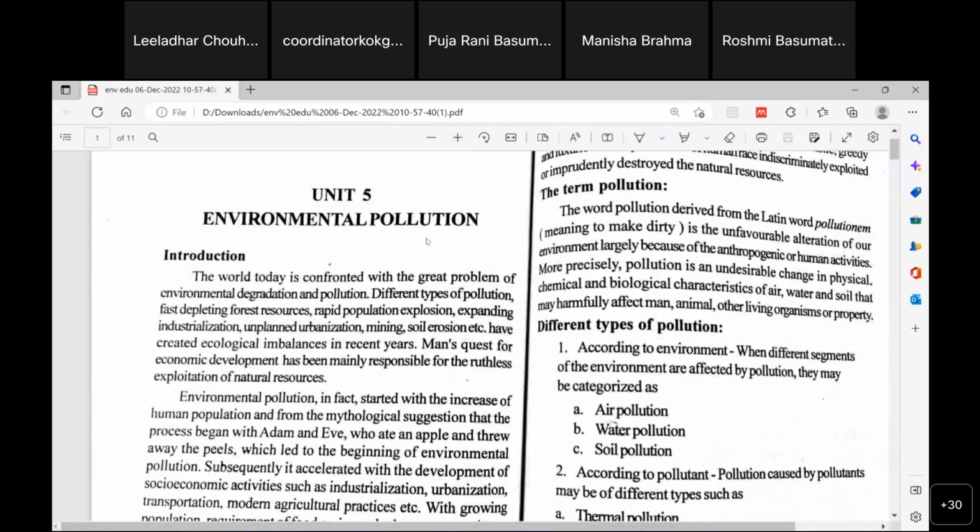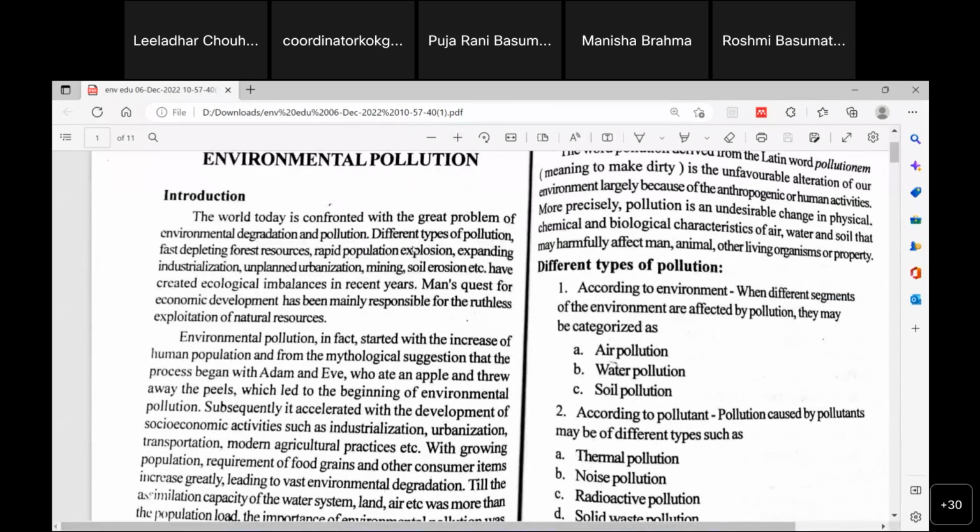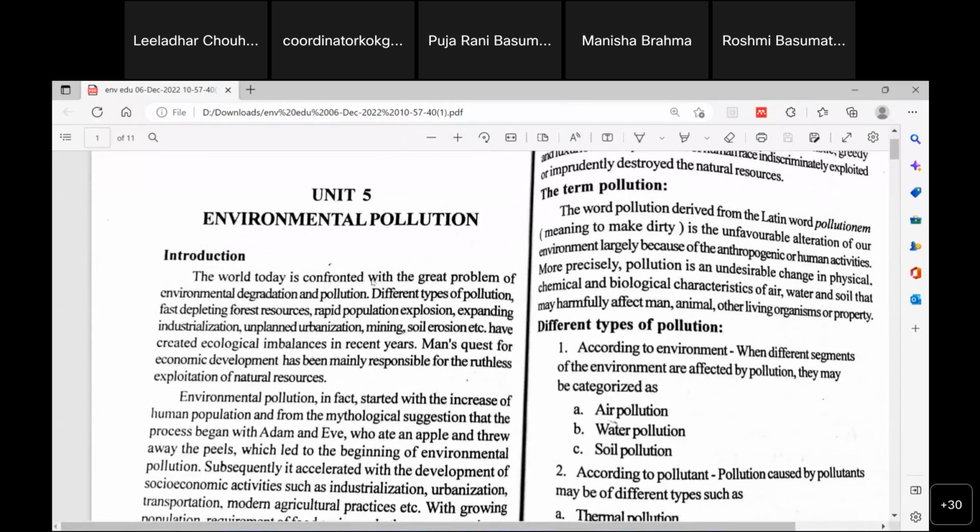So let us start with this topic straight away. As sir already told, the syllabus which I'm going to do here is mostly environmental pollution.